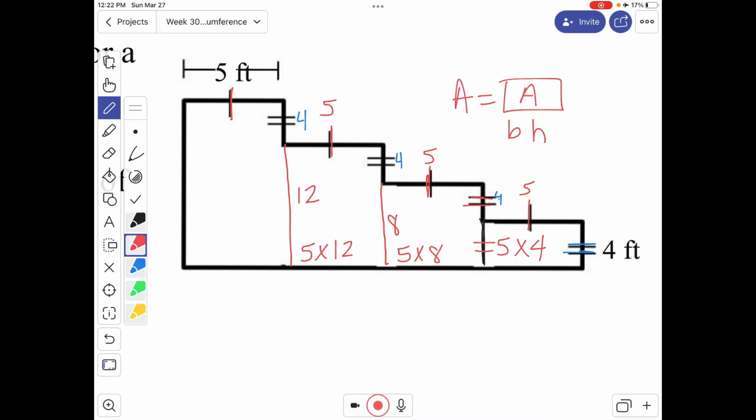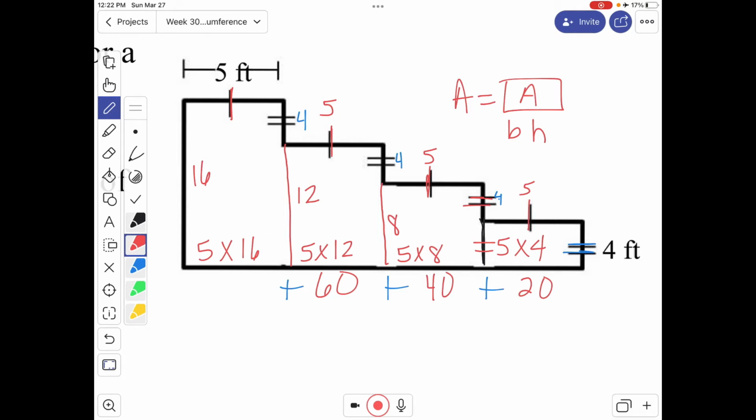And again, the next one is 4 feet tall. So 12 plus 4 makes 16. This last step is 5 by 16. So now we need to find out what 5 times 16, 5 times 12, 5 times 8, and 5 times 4 is, and add all of those answers together. Well, 5 times 4 is 20. 5 times 8 is 40. 5 times 12 is 60.